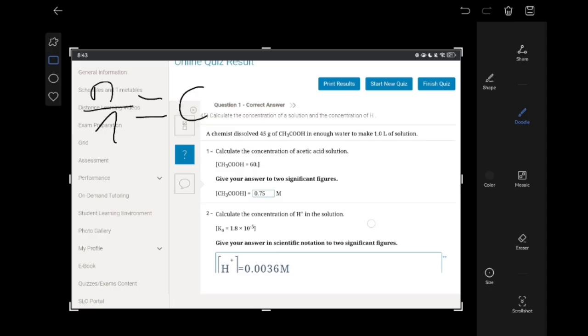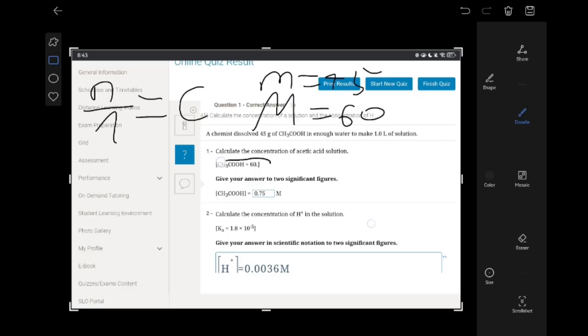Now, they give us what we need to find n: the mass and the molar mass. The mass in this case is 45 grams. The formula to find the number of moles from these two is n equals mass over molar mass. So m equals 45, and capital M, the molar mass, equals 60.